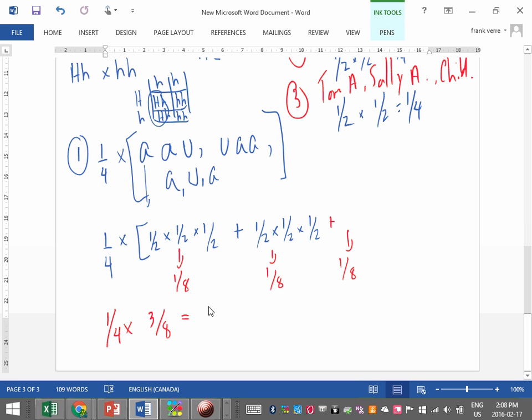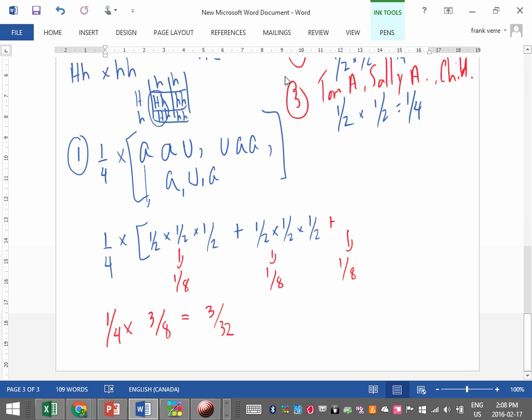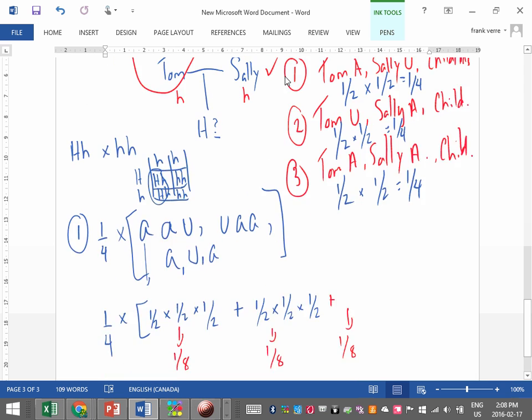So that would give you 3 out of 32. Okay. Now that is just for what? That's for Tom being affected. That's this one, right? Tom is affected. Sally is unaffected. We just figured out it's 3 in 32 chance of that happening.